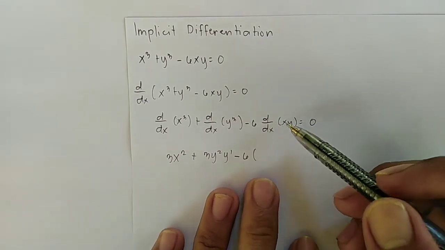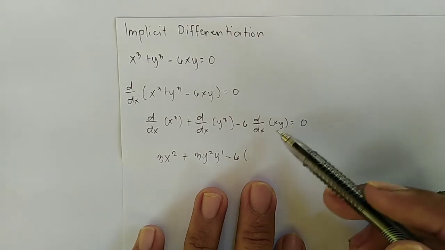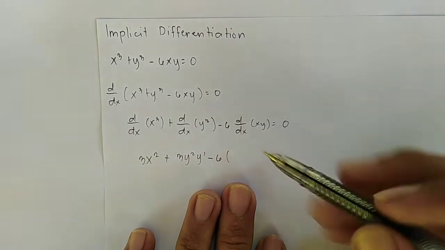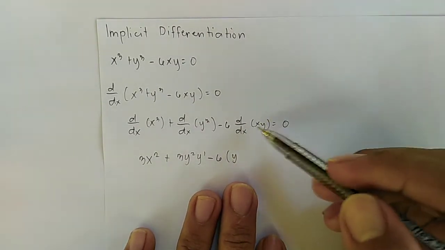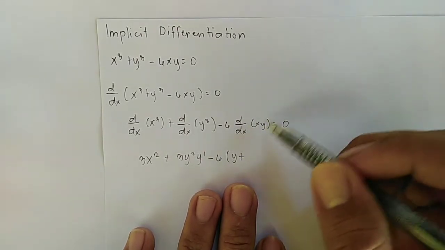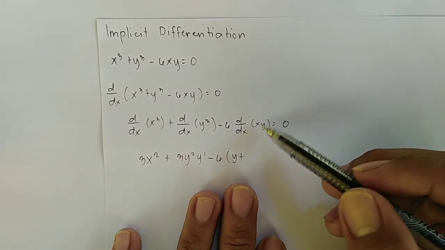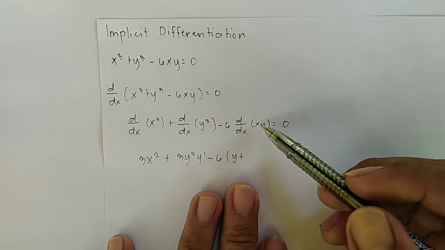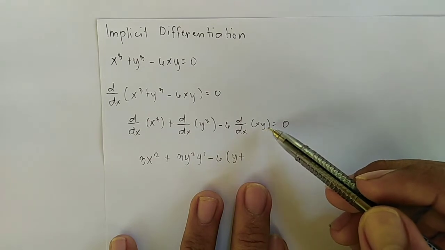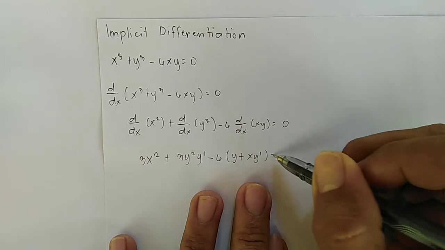Expressing the derivative of xy in terms of x, you will get y. Then we all know that in the product rule we add the derivatives of the two variables. So the derivative of xy in terms of x is only y, then plus the derivative of xy in terms of y, you will get x y prime, is equal to 0.